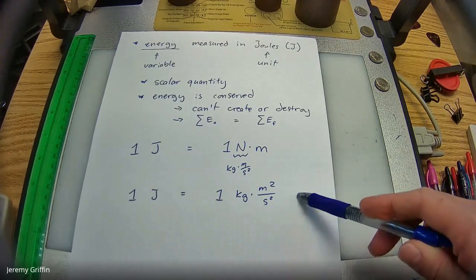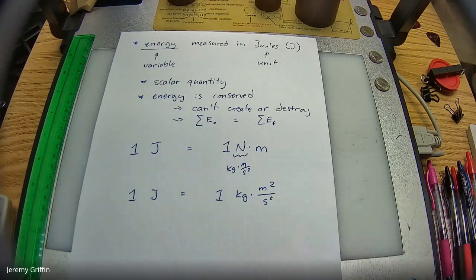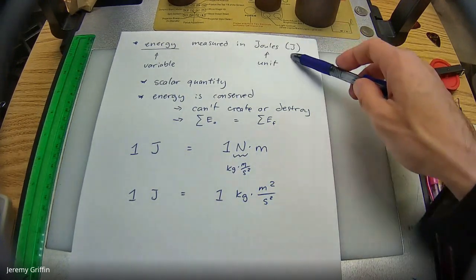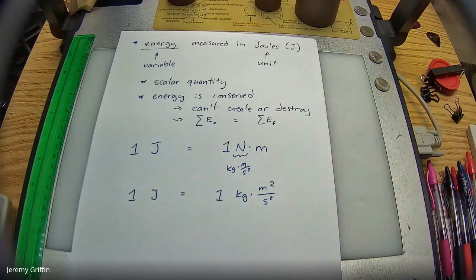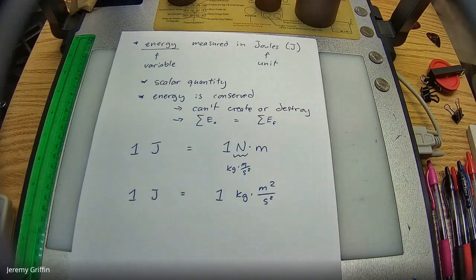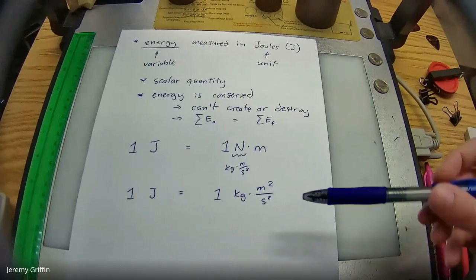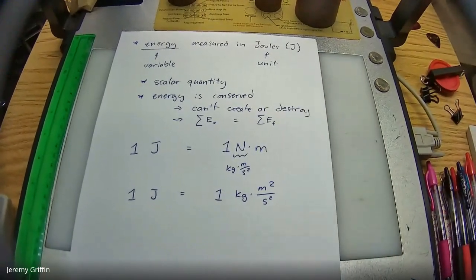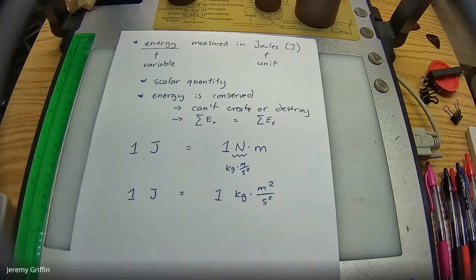There's some power plant on the other end that had to supply that, right, through the electric grid. Suppose you eat breakfast. There's some number of calories that you get out of your food. Calories is an alternate way to measure energy. So 1 calorie, I want to say it's the amount of energy required to raise 1 gram of water by 1 degree Celsius. And you can convert back and forth between joules and calories, but we're not going to worry with calories so much. You just got joules.